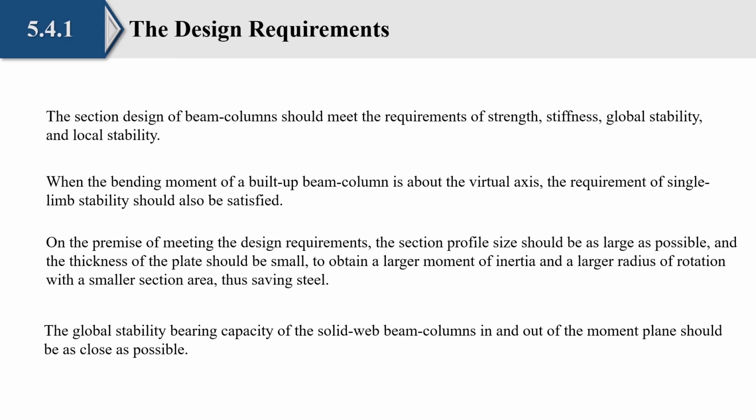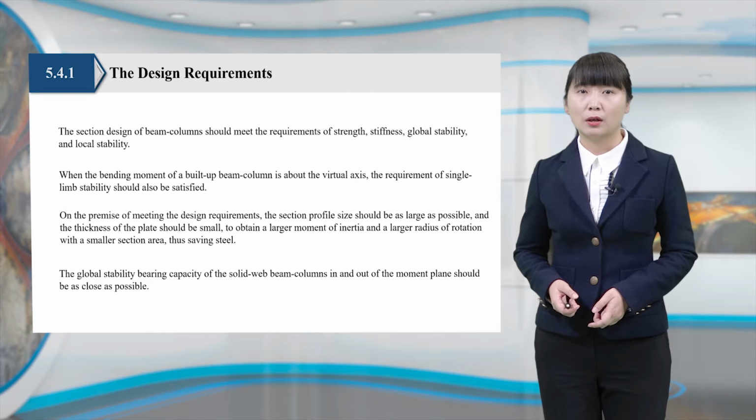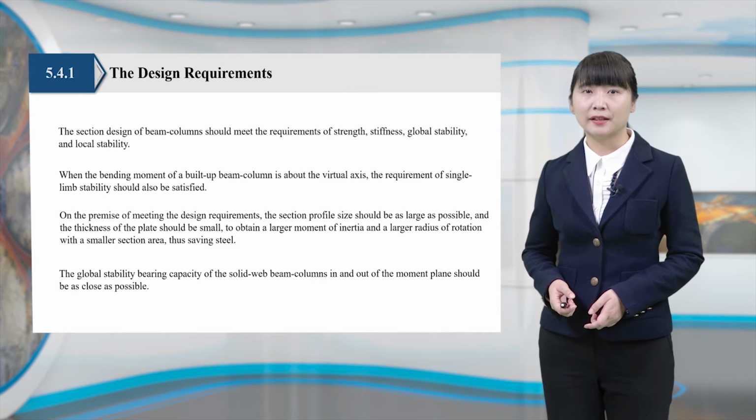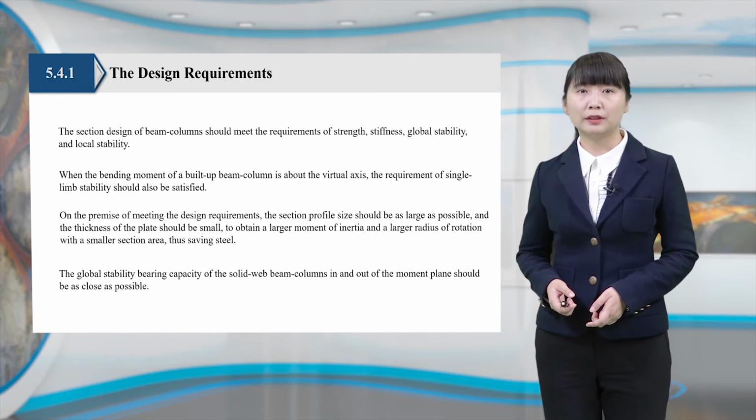The design requirements of the beam columns include the following contents. The section design of beam columns should meet the requirements of strength, stiffness, global stability, and local stability. When the bending moment of a built-up beam column is about the vertical axis, the requirement of single limb stability should also be satisfied.